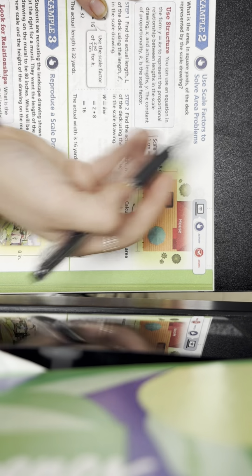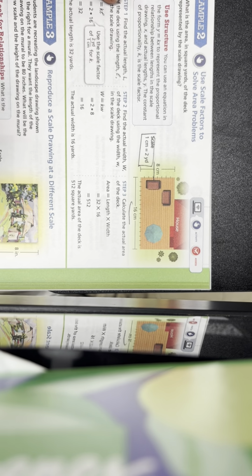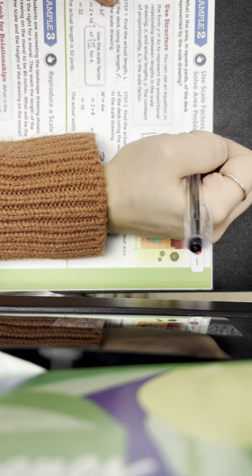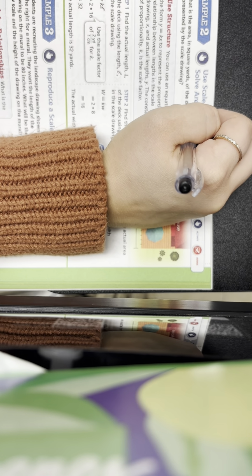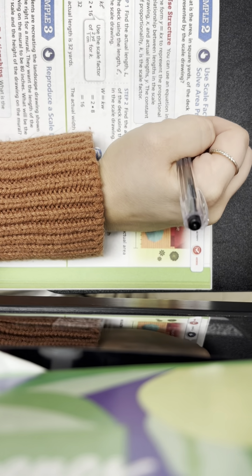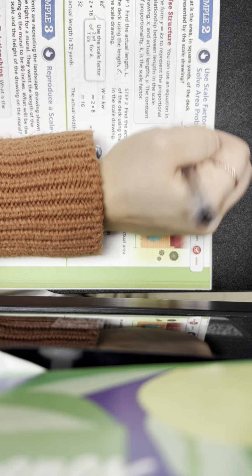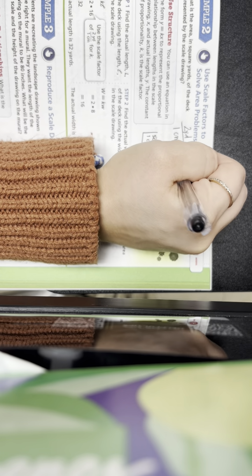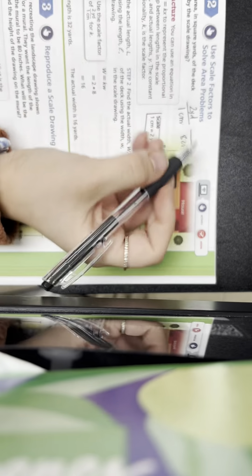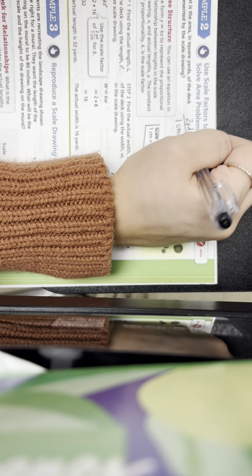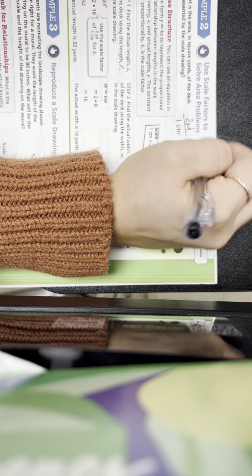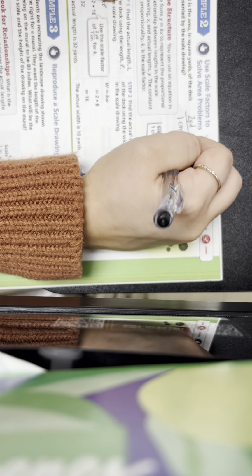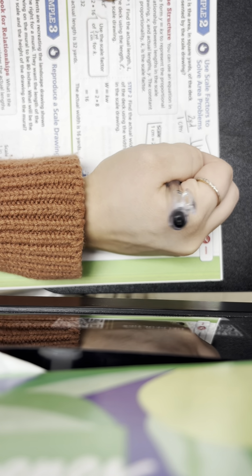They don't really give me much space, so I'm gonna write it up here. 2 yards is 1 centimeter. And I'm given 8 centimeters. So now I'd cross multiply. I'm pretty sure we know 2 times 8 is 16 yards. I can write it here if I want to.